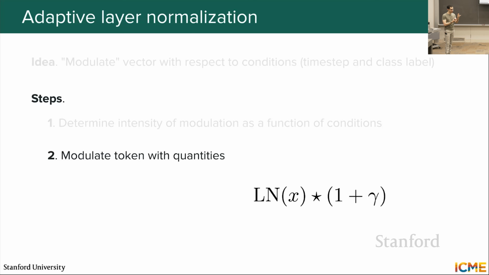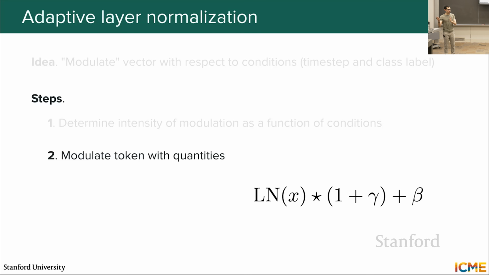But if gamma is a vector that tells you that a given dimension should be higher and another dimension should be lower, then it will scale your x. And by the way, I said 1, but it's the vector 1. So you can think of it as a vector matching the dimension of gamma just filled with 1. So in that sense, you can think of gamma as being a scale coefficient, a scale vector, because it scales x.